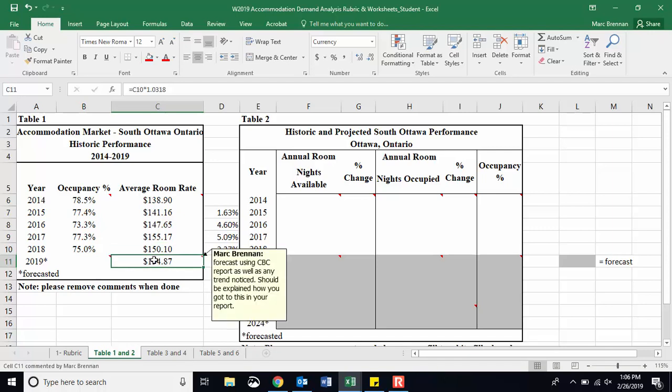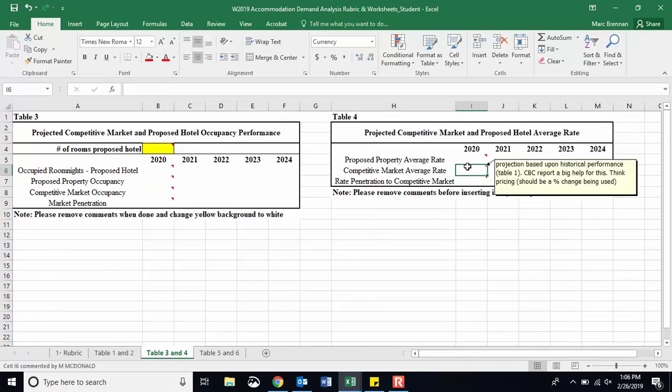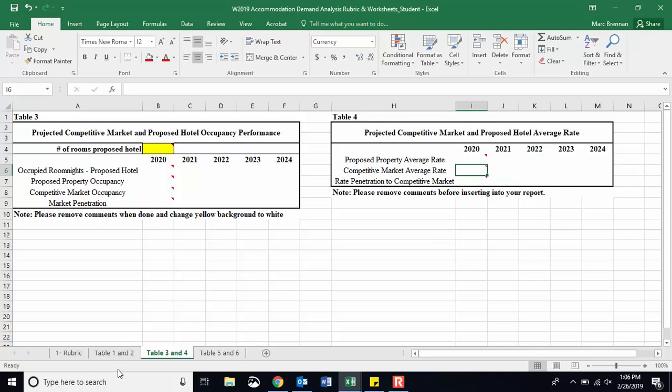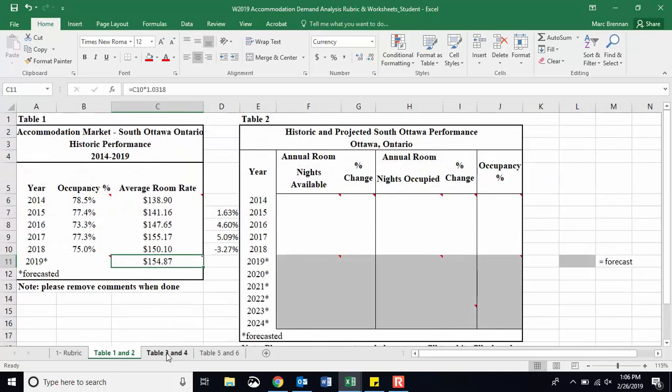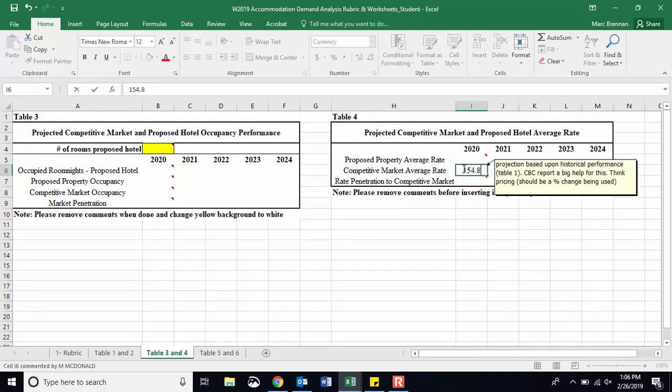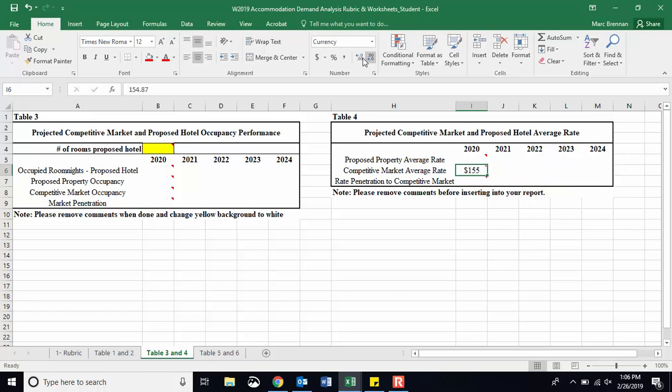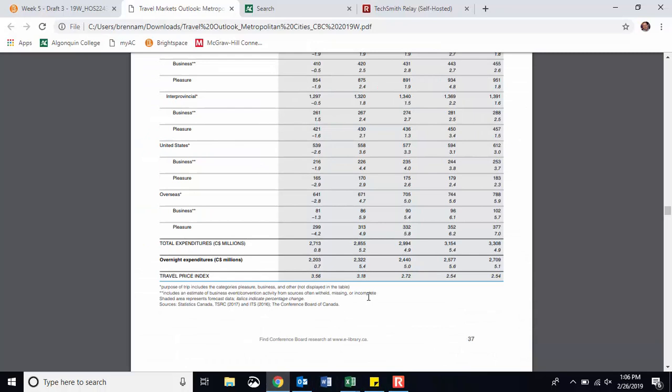Now, one big thing that we should see at this point is when we go to Table 4, this competitive average rate should be based on 2019 plus an increase for 2020. So 2019 is $154.87. That's not what it should be here, okay? Because we should see an increase there, and we can probably use the same thing.